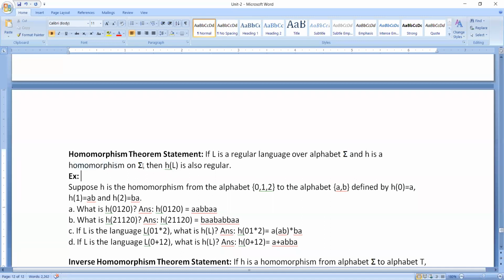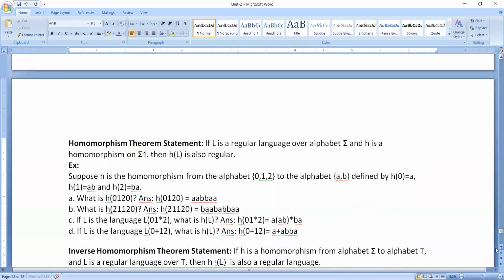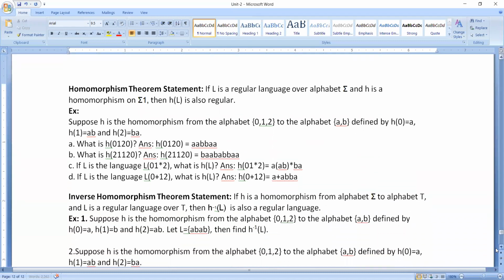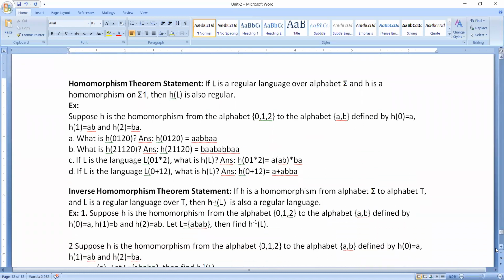To avoid confusion, I call it sigma 1. From this you can easily understand that homomorphism is all about substitution. I hope it is clear.